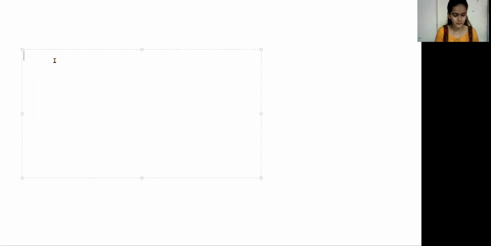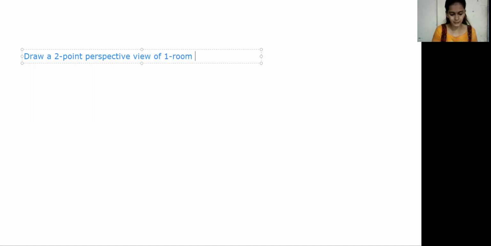Let's write the data first. Draw 2-point perspective view of one room building having following details.